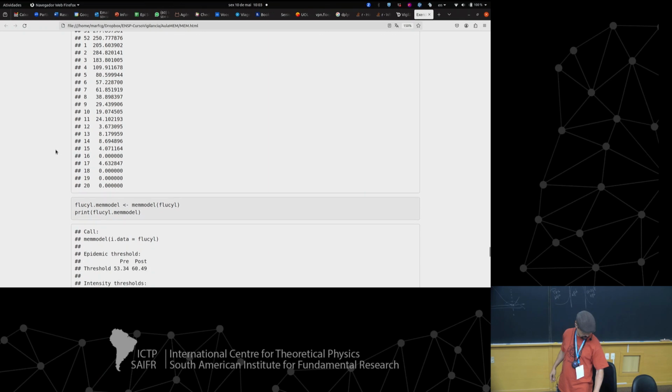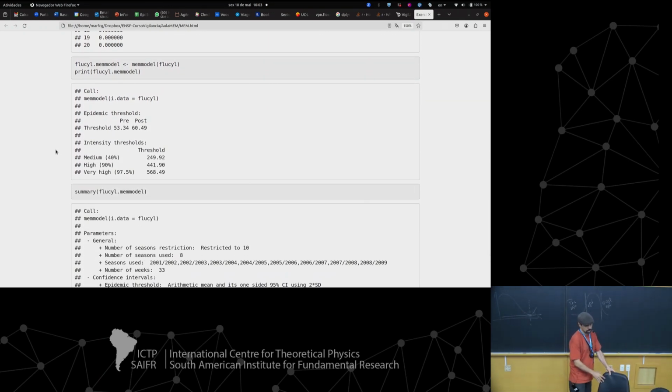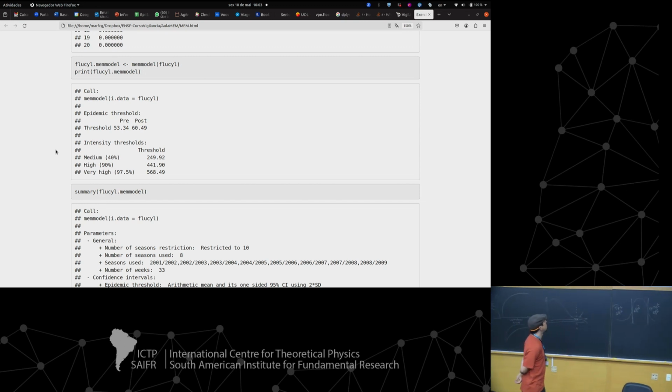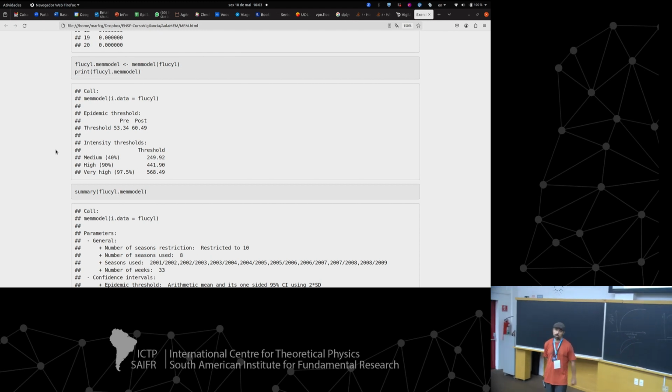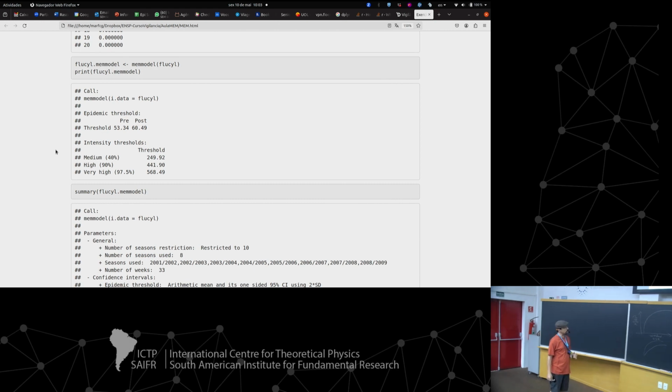So the commitment of having at least 2 seasons is already met. And now, instead of running the MEM timing function, what we're going to do is to use the MEM model function, which is the full process of the proposed workflow for the moving epidemic method in this R package.